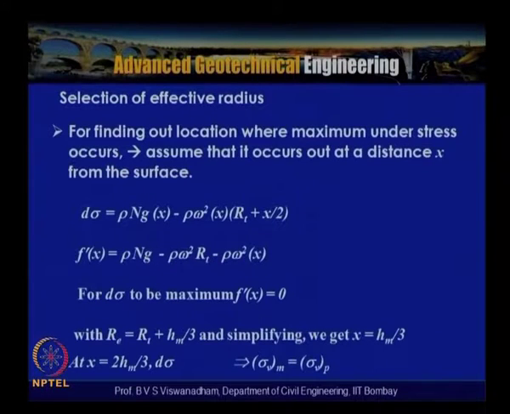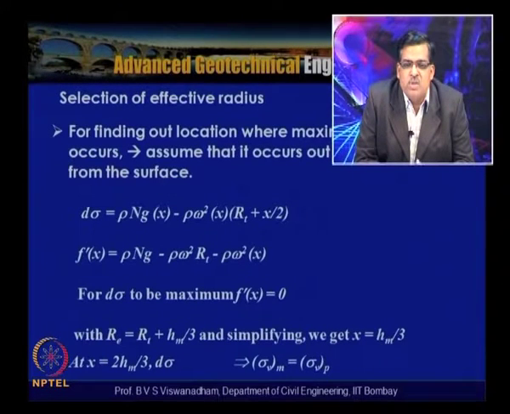Now d sigma is nothing but rho Ng x, the ordinate at a particular depth x below the surface of the model, multiplied by N to get the equivalent prototype stress, where the G level is G. So it is rho G N x minus rho omega square x into (RT plus x by 2).